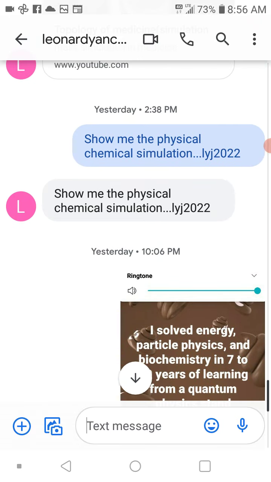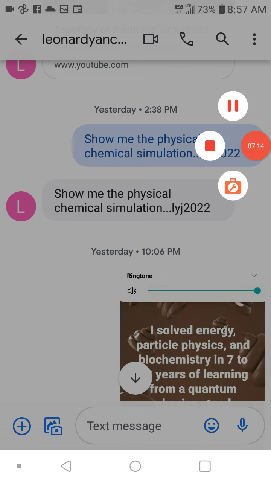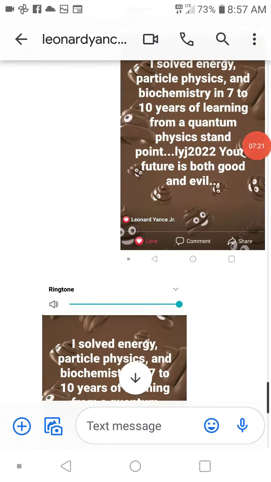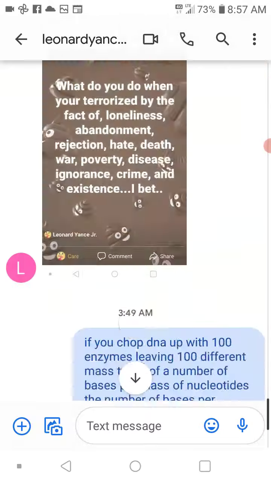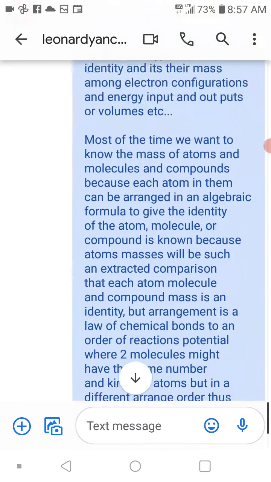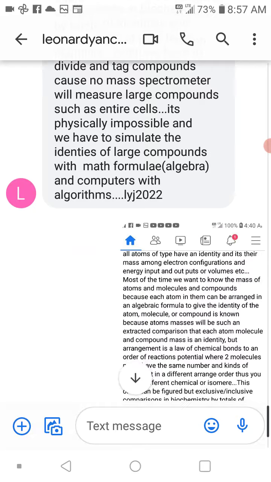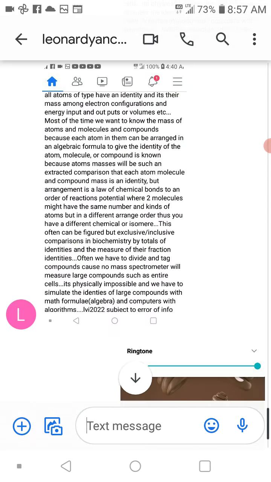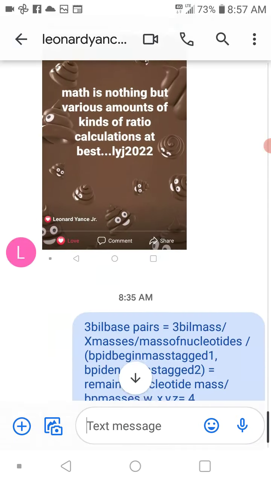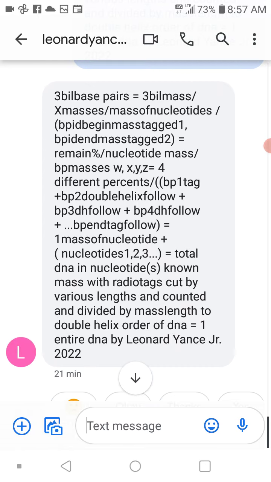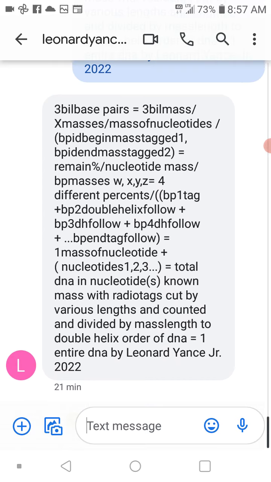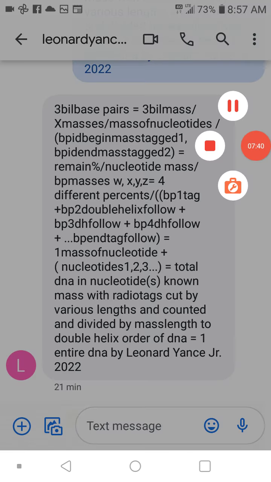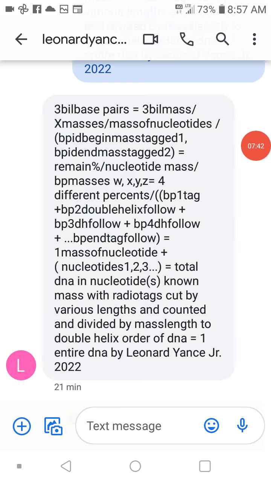But what you want to do is show the physical chemical simulation. That's the key ingredient, and those are all like these formulas at the bottom here. Basically, just like doing DNA here, you're going to follow a path of identities.